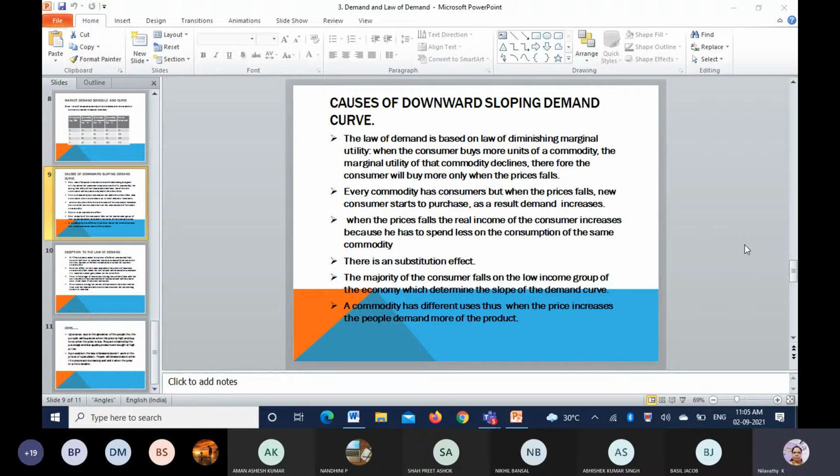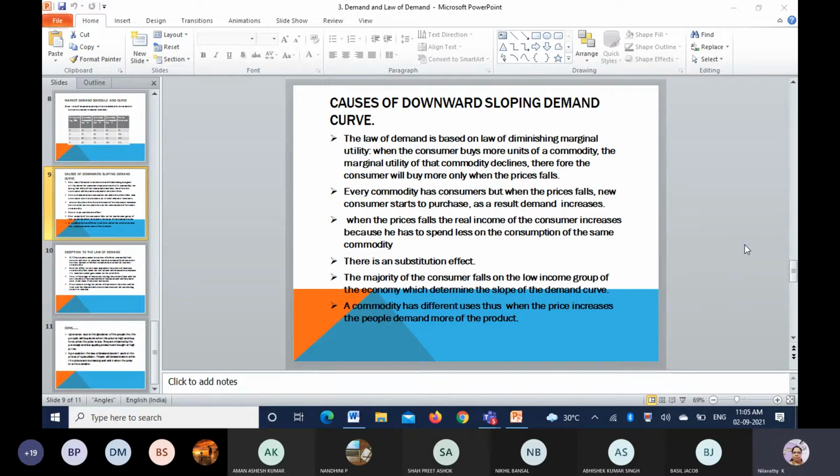As a result, the demand increases. So it's not that the existing customers are making a change, but some new customers come into the market when the price falls, and that leads to an increase in the demand of that product. So that is also the reason why there is an inverse relationship between the price and the quantity demanded.